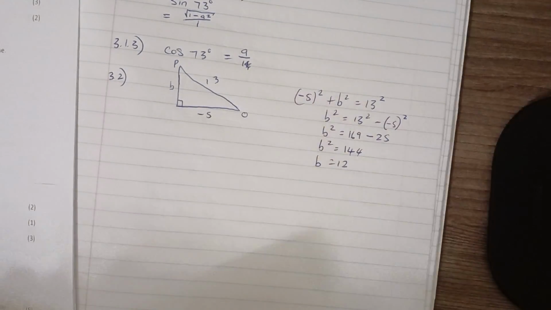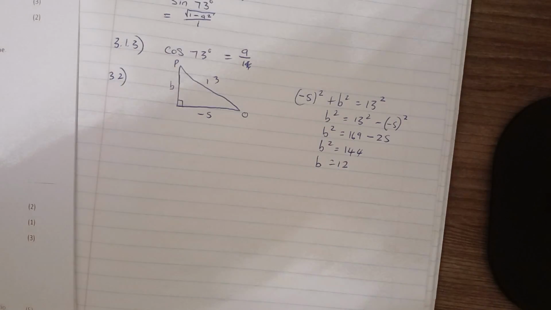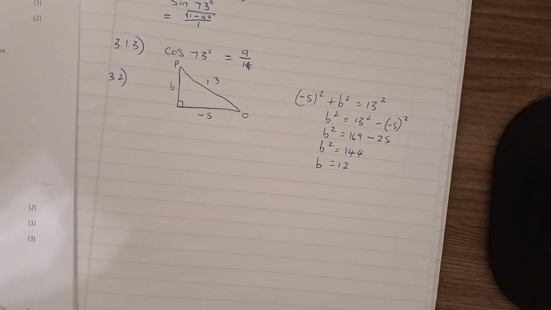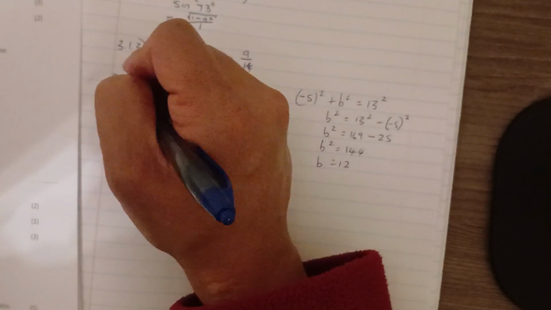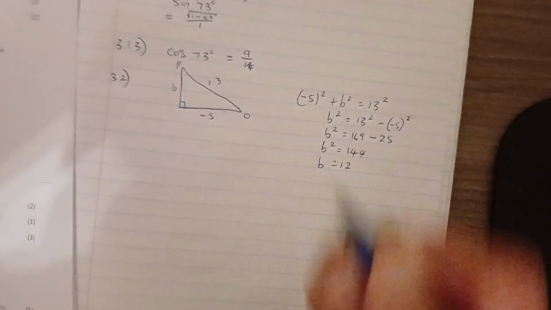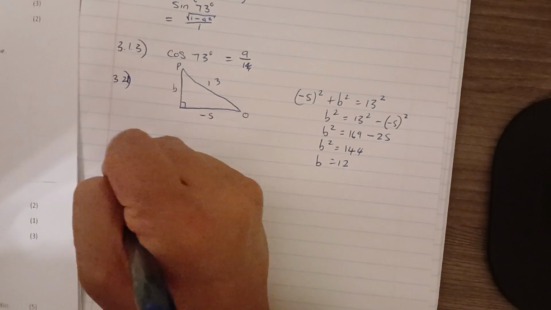So b is equal to 12. Okay, right. So that was 3.2.1. Now 3.2.2.